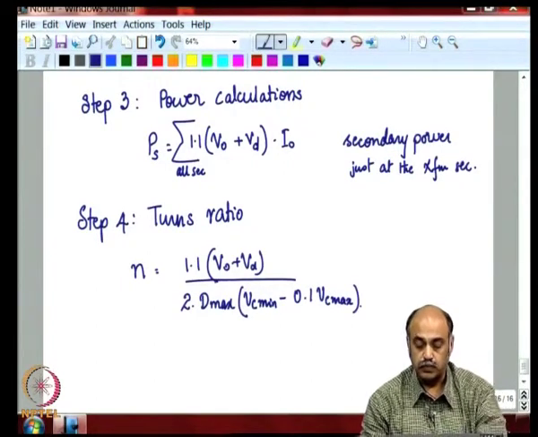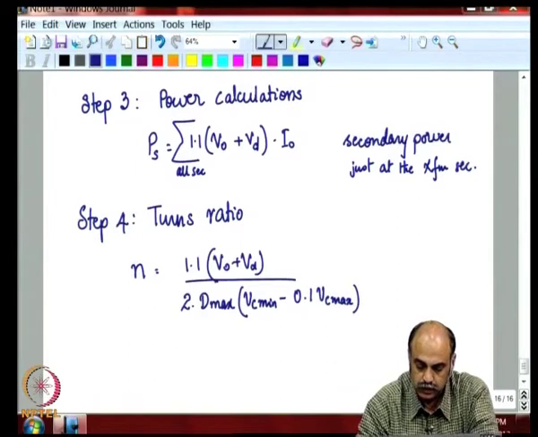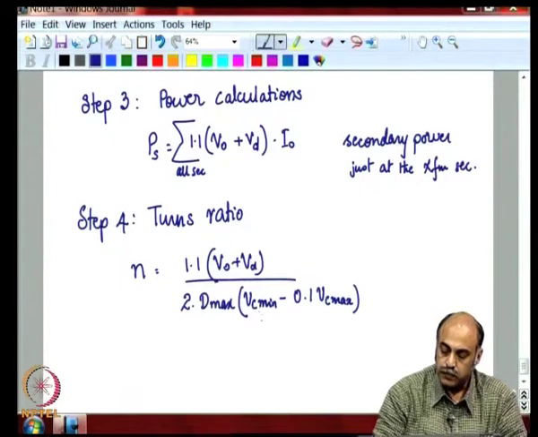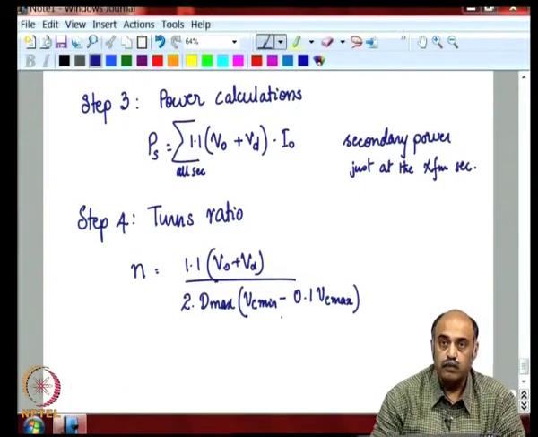How does this come about? Vc minimum minus 0.1 Vc max.